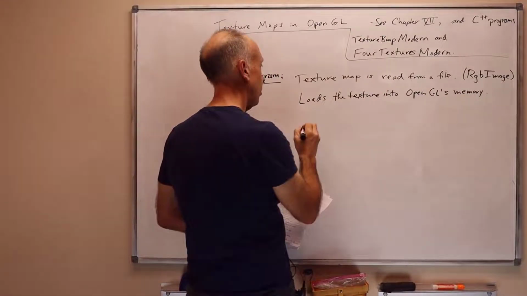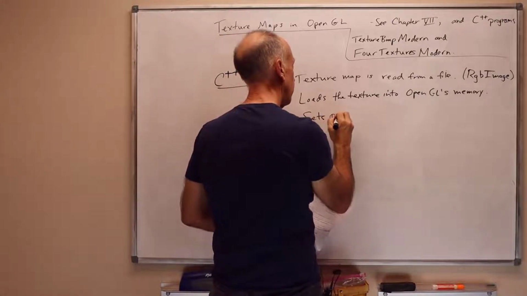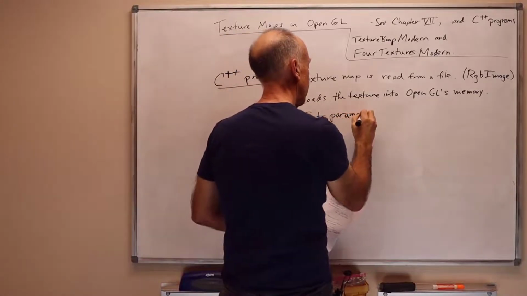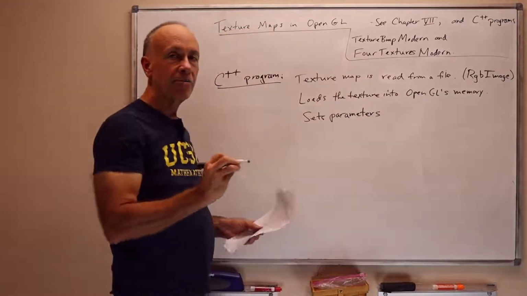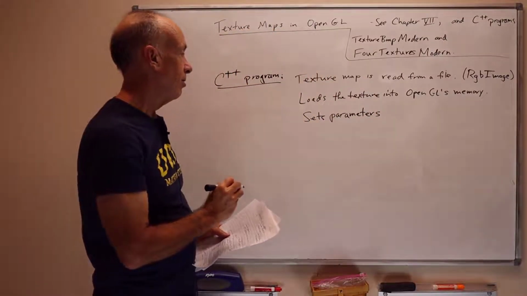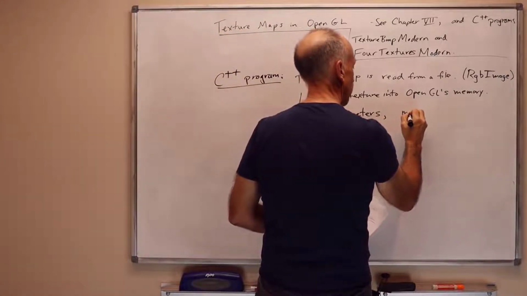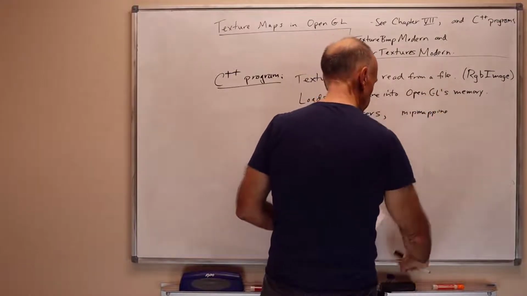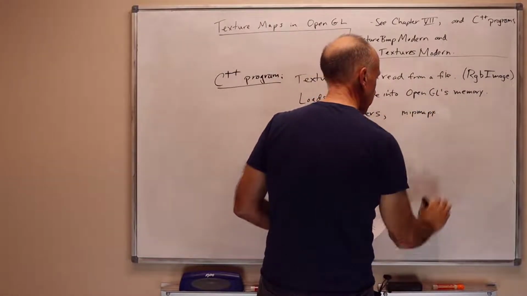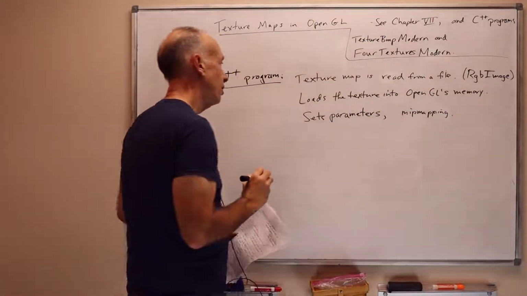And then it sets parameters, and this is things like whether to wrap in the S direction or the T direction, and also whether to do MIP mapping. Okay, and that's the preliminary work.